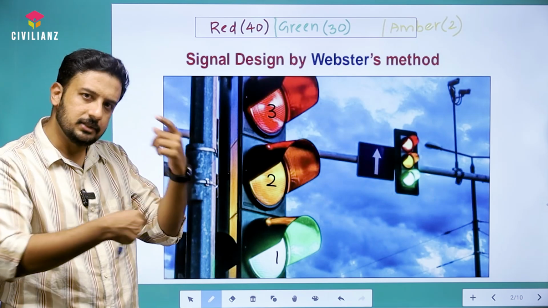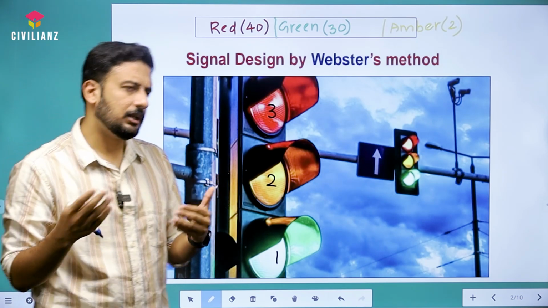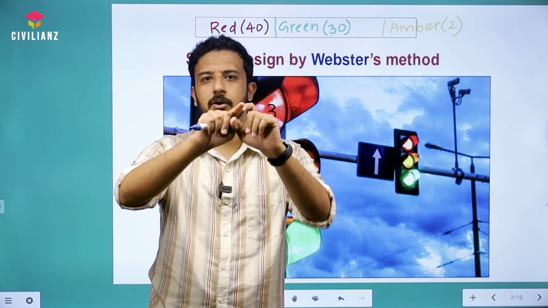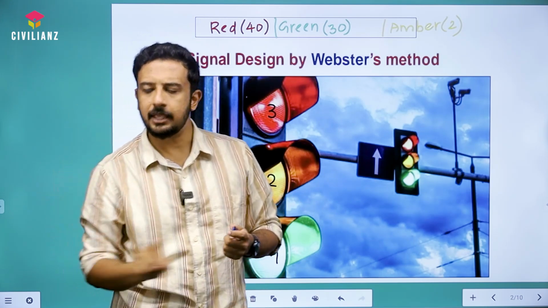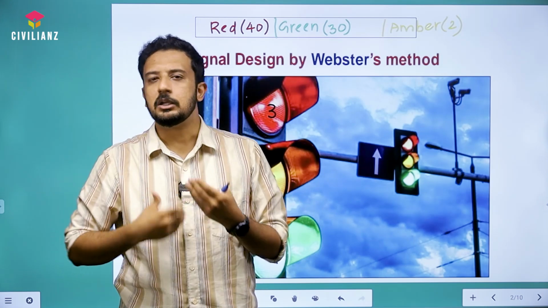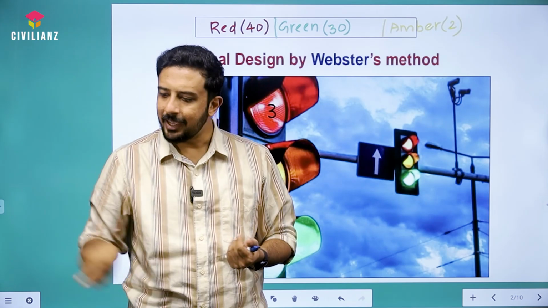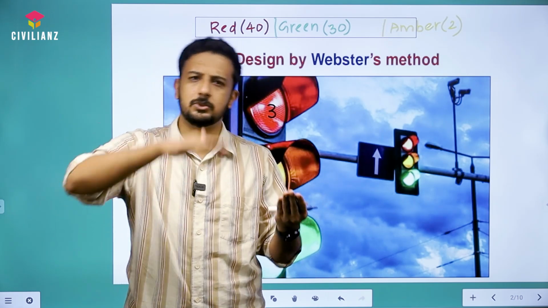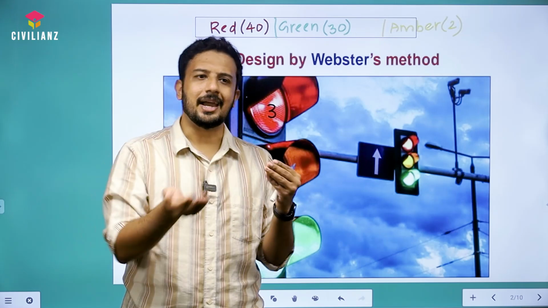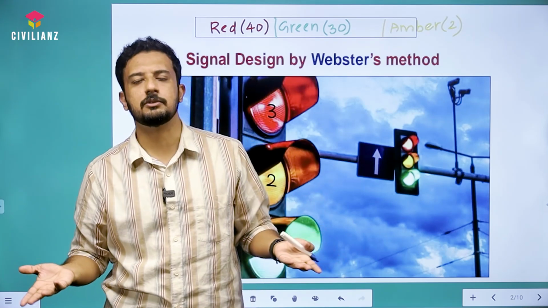Why? Because in a signal cycle, let's take an example of a clock. A clock is actually a cycle, right? 1 AM to 1 AM, you will be getting 24 hours. 2 AM to 2 AM is also 24 hours. 5 AM to 5 AM also 24 hours. 9 PM to 9 PM, that is also 24 hours, right?